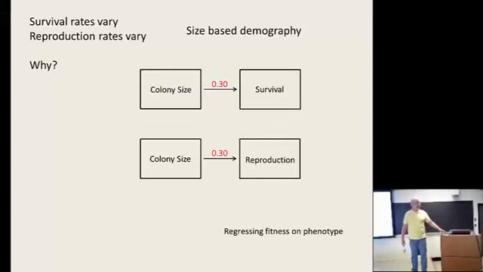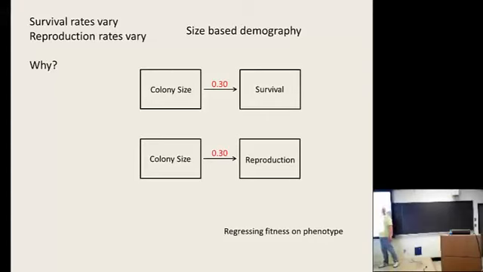So why are there differences in size? Size matters to both survival and reproductive output of the colonies. These are regressions of fitness, survival, or reproductive output on phenotype.